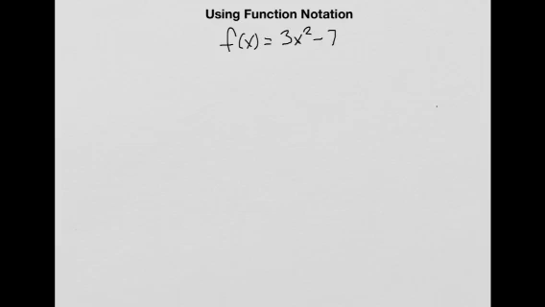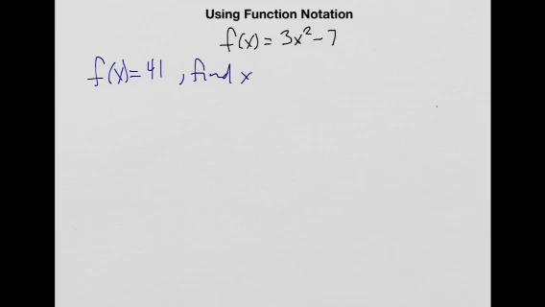I can also flip things around. I could give you this problem. It's always better with sound effects, right? Okay, I could say f of x equals 41. Find x.